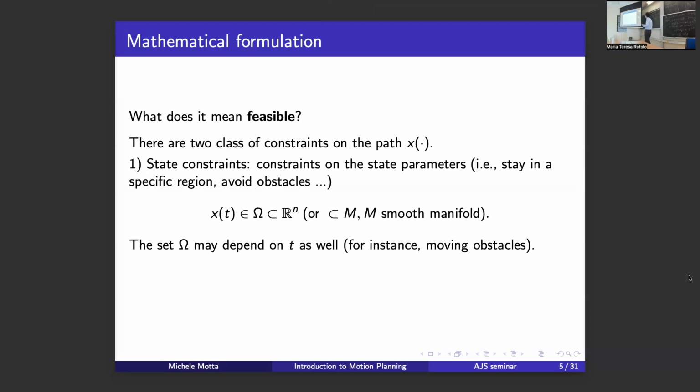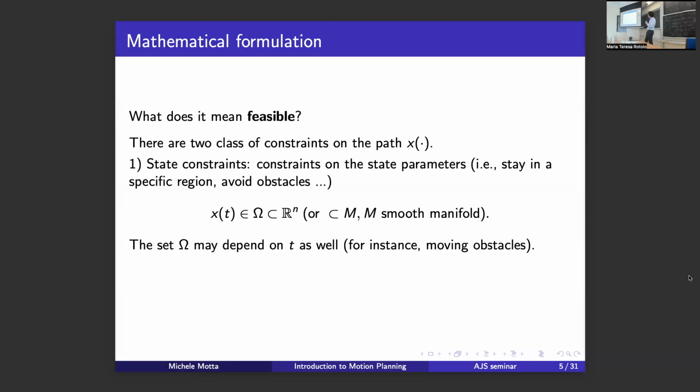As I said before, this means that you cannot go everywhere, but you have to stay maybe in some region of the space, and you want to avoid obstacles and so on. This is formalized by saying that our path X must belong to the state space.